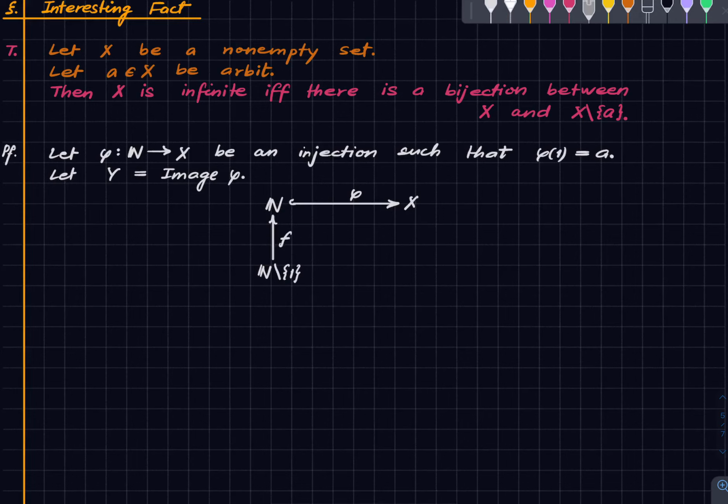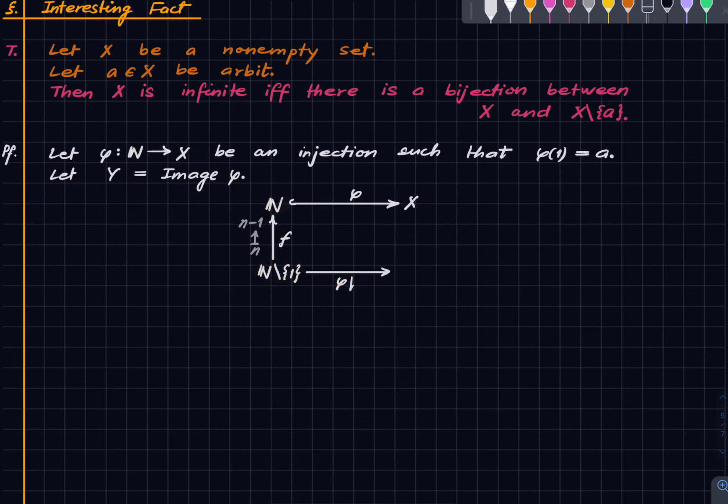It sends n to n minus 1. That's this function. And this is just restriction of phi. Phi restricted to, so this symbol just means that we are restricting phi to that set. The domain of phi was entire n, but now we are restricting it to that.